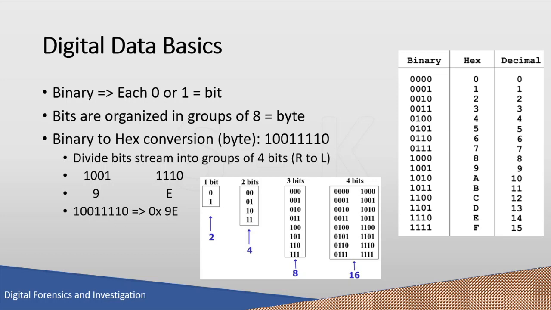Similarly, if we increase bit combinations from 2 to 3, then we can represent up to 8 decimal numbers. Also, if we further increase the number of bits from 3 to 4, then with the 4-bit combinations, we can create up to 16 unique combinations, and each combination will represent a unique decimal number.